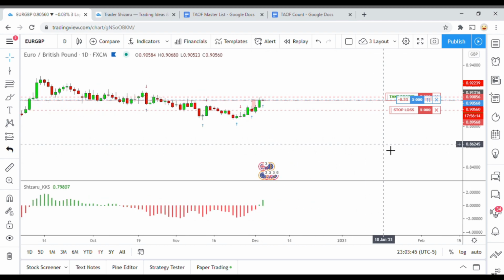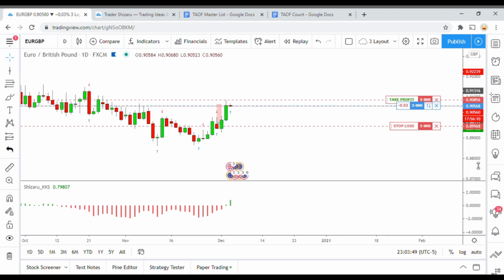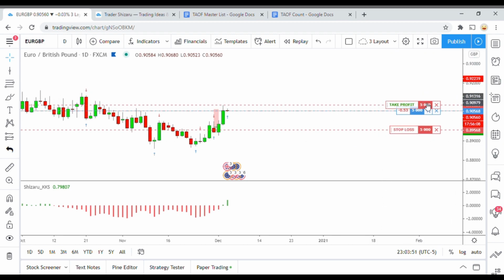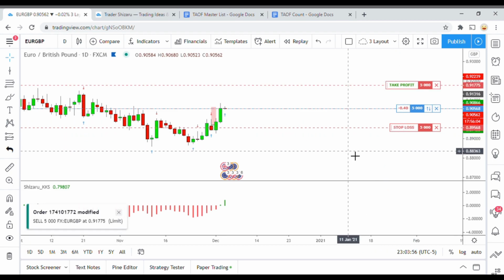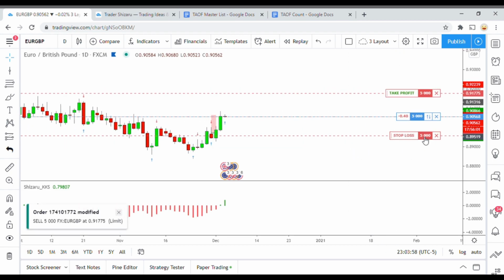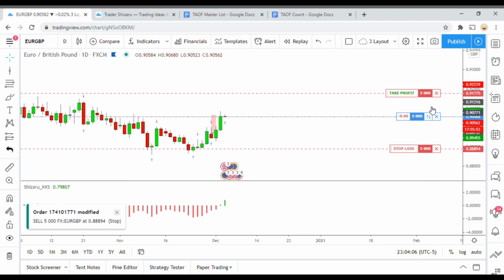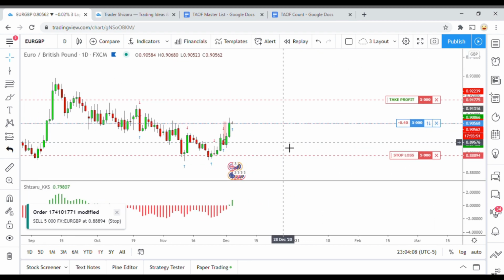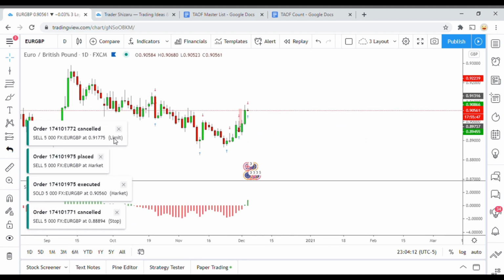There we go. So that's what it looks like right there. That's the order that I just placed. You can see that it has my take profit here. You can move this around and adjust it. It has my stop loss here. You can move that around and adjust it. It tells you how much, and so on. It really is like trading the real deal, and it has tons and tons of flexibility. I just canceled out of it there, closed out of the trade.